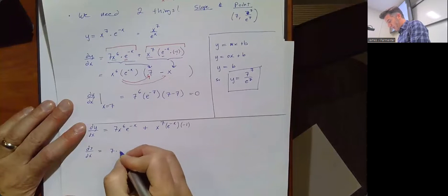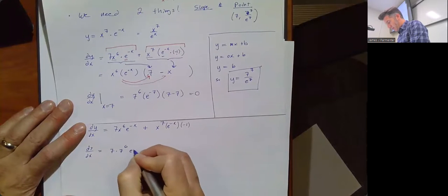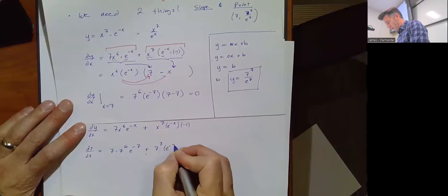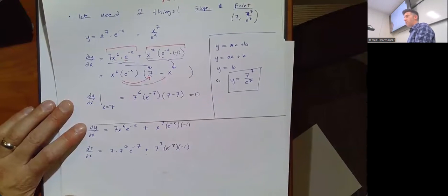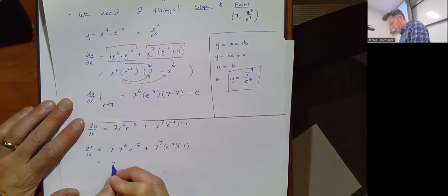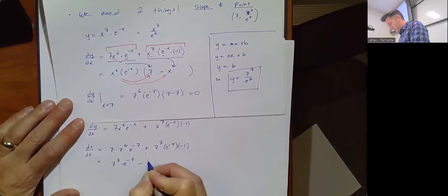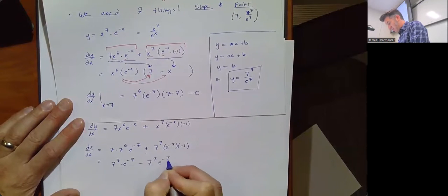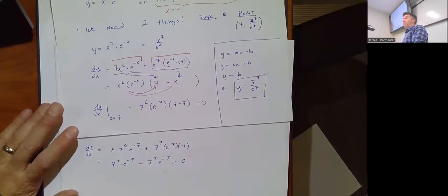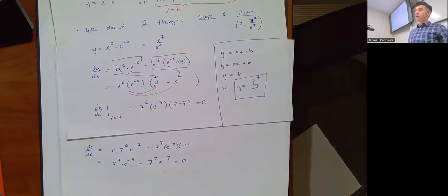Here I'm getting 7 times 7 to the 6th times e to the negative 7th plus 7 to the 7th times e to the negative 7th times -1. We have to be a little more observant to see that this is really just 7 to the 7th times e to the negative 7th minus the same thing, which ends up being 0. So I found it easier to see what was going to happen by factoring, and that is often true, but it is not always necessary.